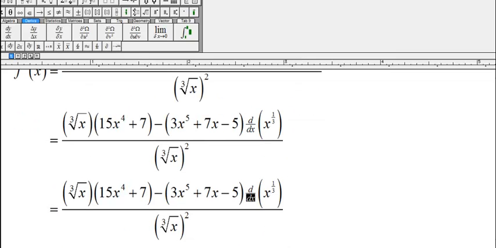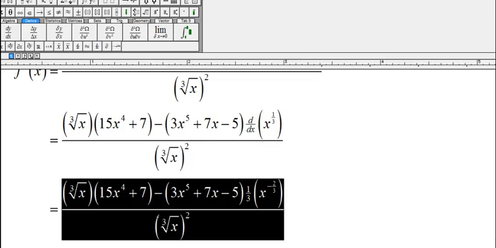Now when I do this derivative here, I get the 1/3 times x to the one smaller power, which is negative 2/3. Okay, so there it is.